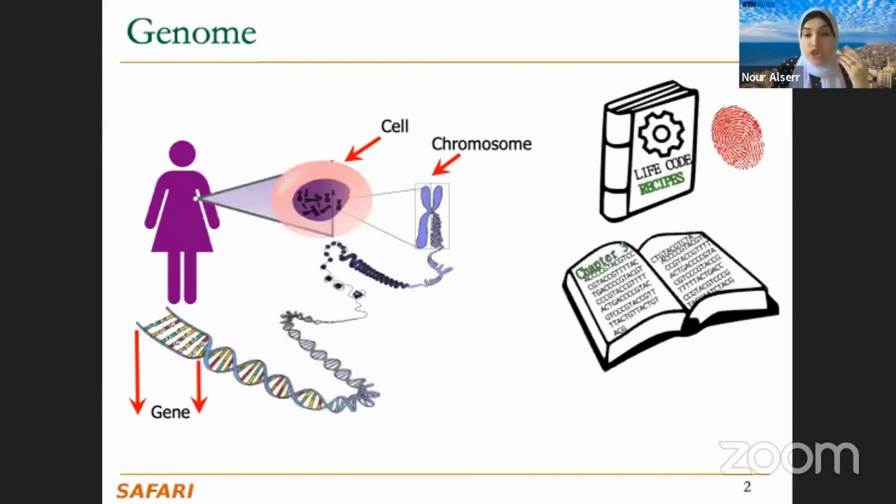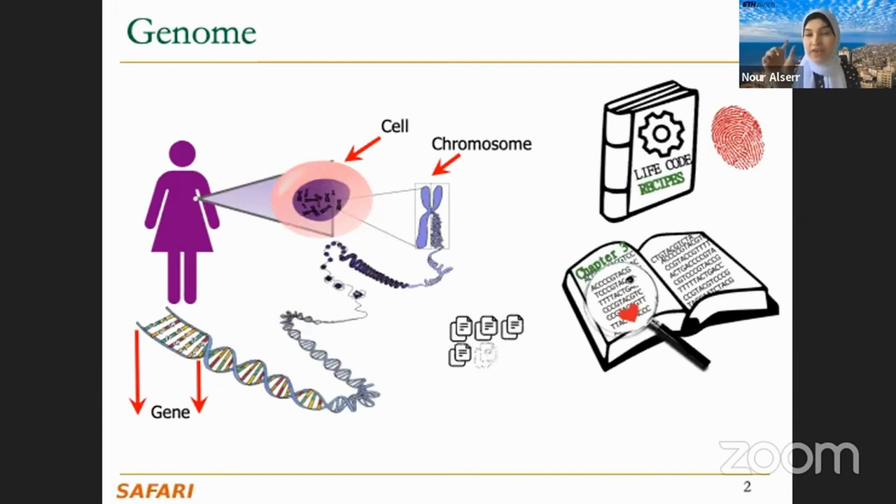We have gene codes for making eyes, for making hearts, and we all have these genes. In fact, we are 99.9% genetically identical across all humans, but we have 0.1% variations. These variations between us make us unique.